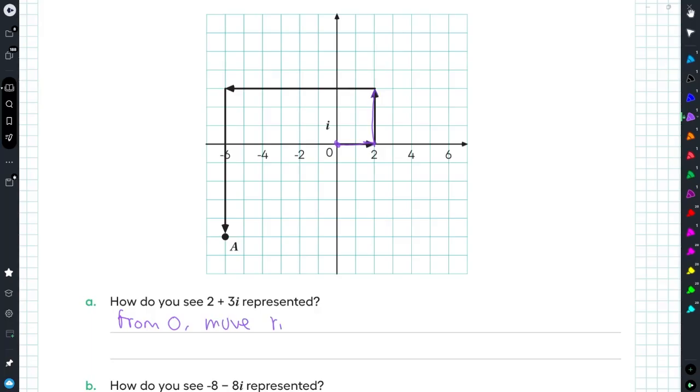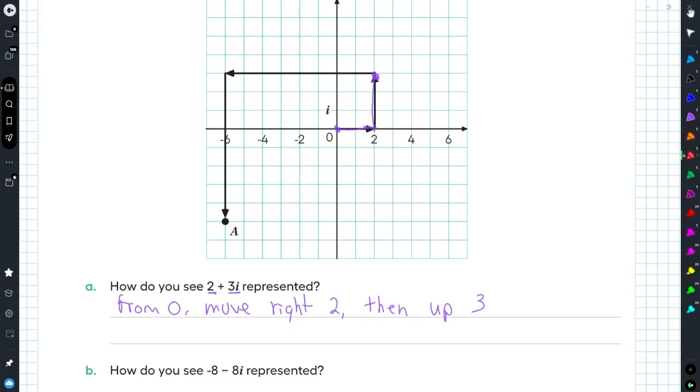Move right 2, then up 3. Because 2 is the real number, and 3i is our imaginary number. So we ended right there.